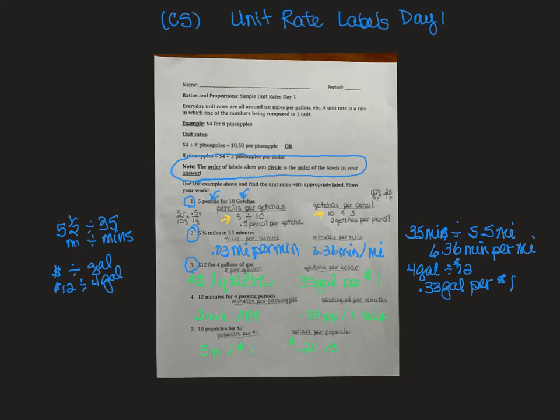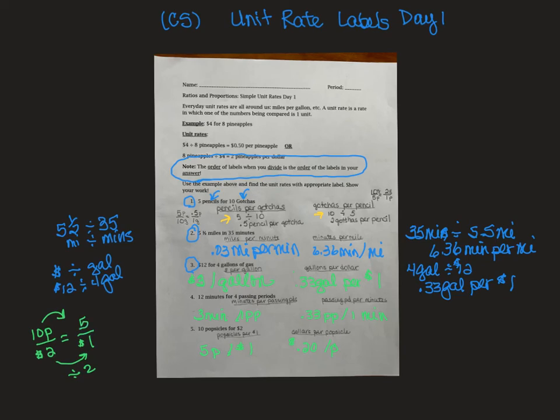But let's look at it as a proportion. In this one, it would be 10 popsicles for $2. And if I want to get to $1, I'm dividing by 2. So I divide the top by 2, and I would get 5. And that's how it would look in a proportion.